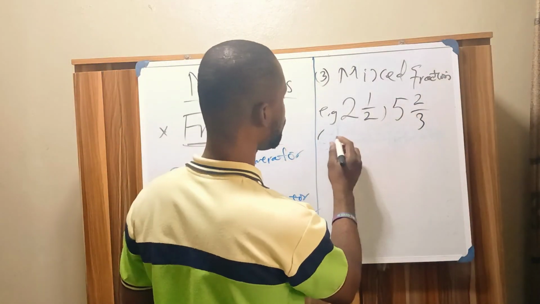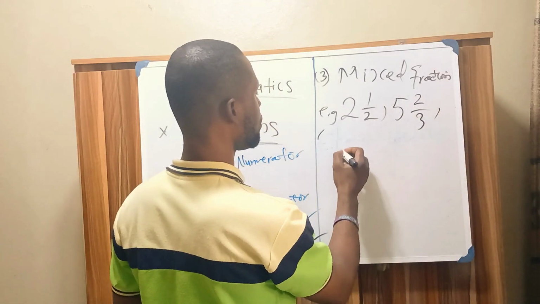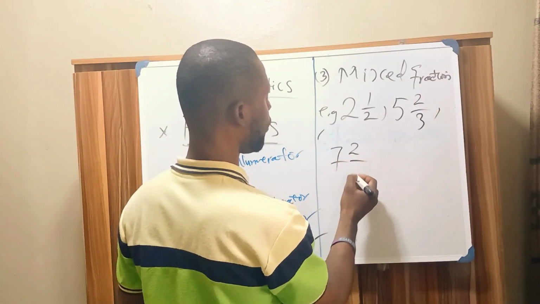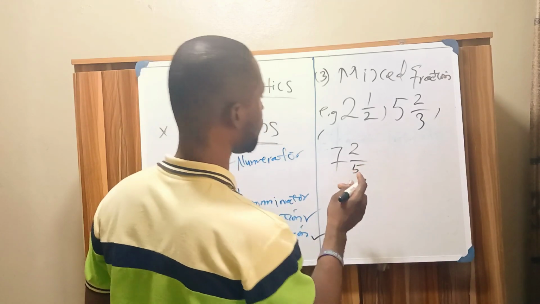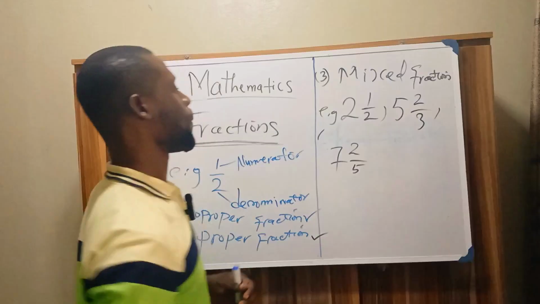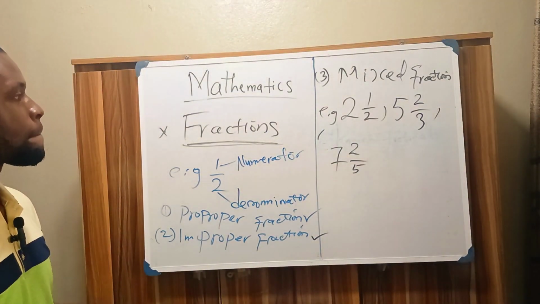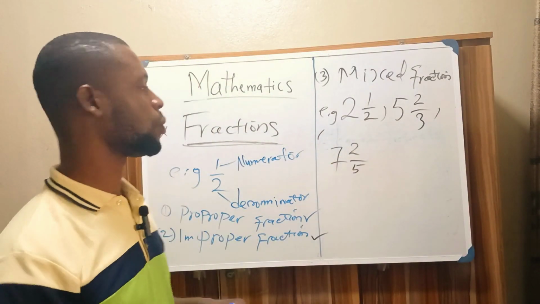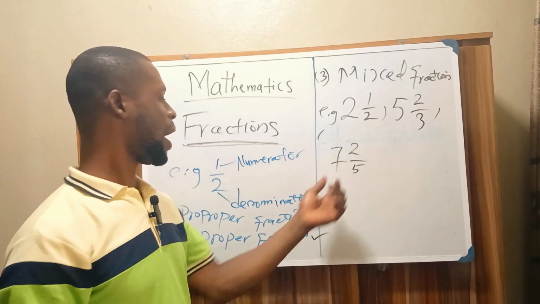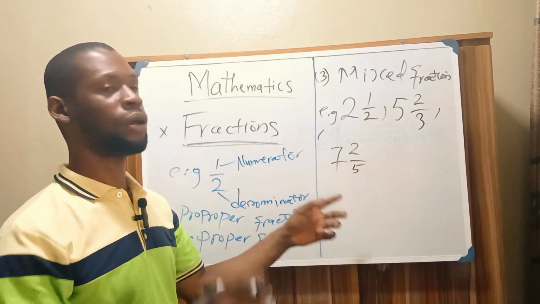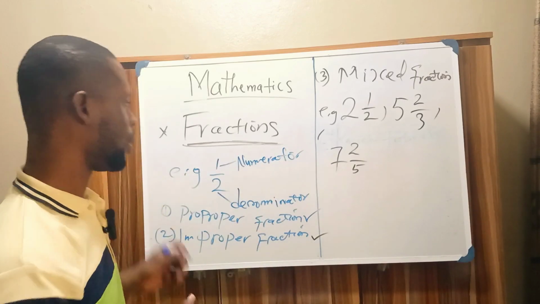You can also put, let's say, 7 whole number 2 over 5. This is a mixed fraction because it has a whole number part and a fraction part written together.